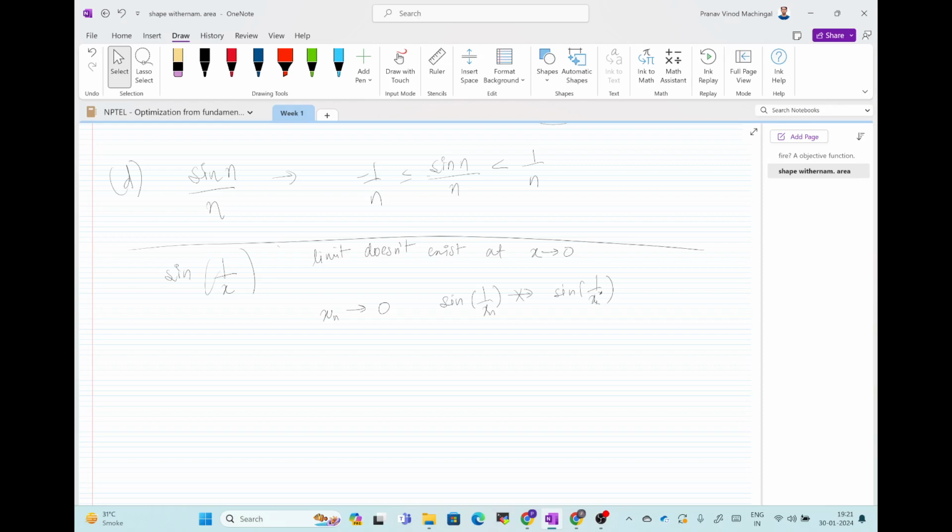Like, define xn as 1 by n pi. As n tends to infinity, this is going to 0, right?